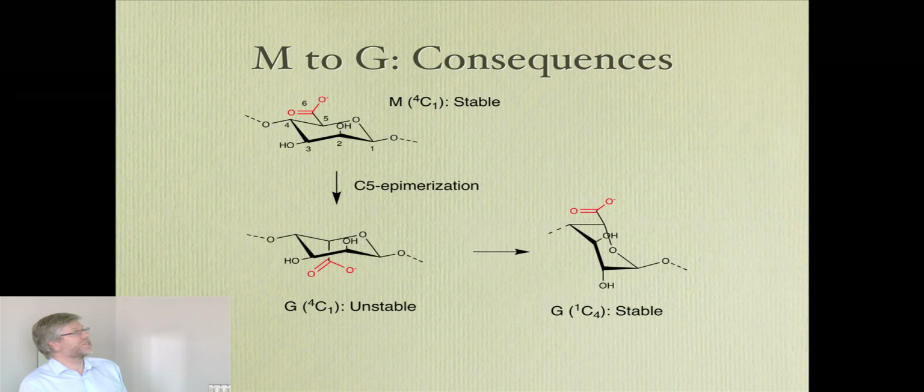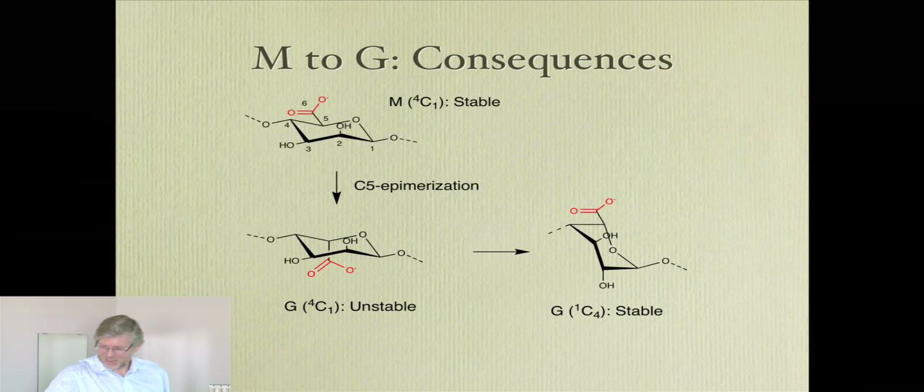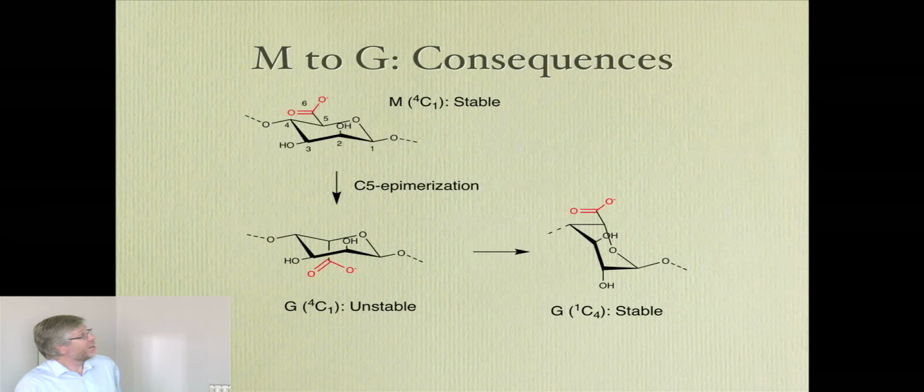It's called 4C1 chair. C means chair, like you sit on. So, like these chairs you sit on. 4 up here means carbon number 4 is on the top side of the plane.